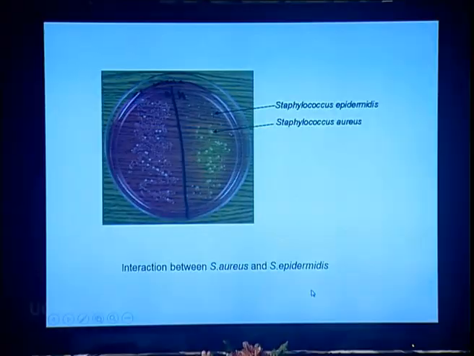Now, the best way to control in the present day may be biological control. And how does this biological control work? There are certain strains of bacteria like Staphylococcus epidermidis. What we can see here is the colony of Staphylococcus aureus. This is the colony of Staphylococcus epidermidis. You can clearly see one is antagonizing the other. You can see very well, this is the colony of Staphylococcus aureus growing so elaborately, but when they are grown along with Staphylococcus epidermidis, the growth is restricted.